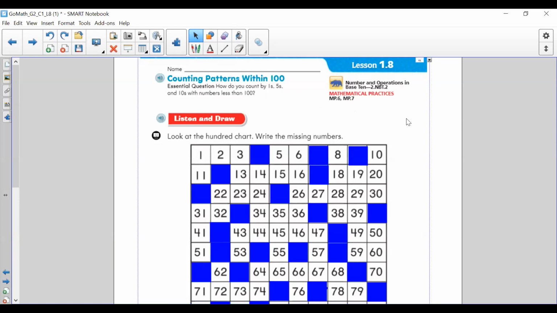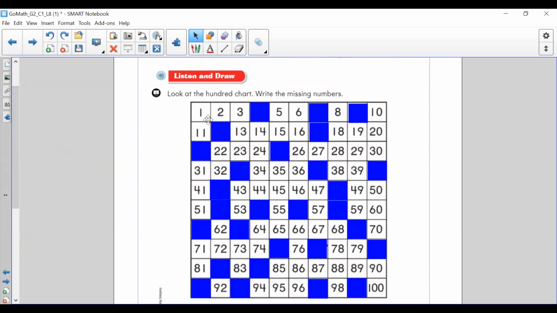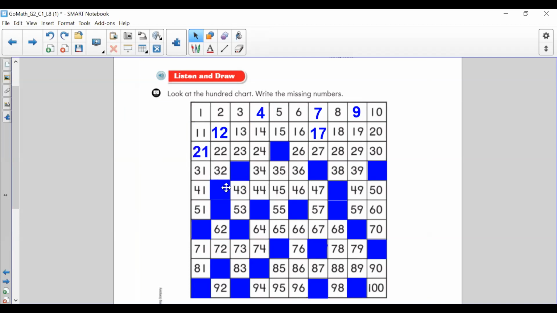And now we are going to reveal those numbers one at a time to see if you got the right answer. 1, 2, 3, 4, 5, 6, 7, 8, 9, 10, 11, 12, 13, 14, 15, 16, 17, 18, 19, 20, 21, 22, 23, 24, 25.